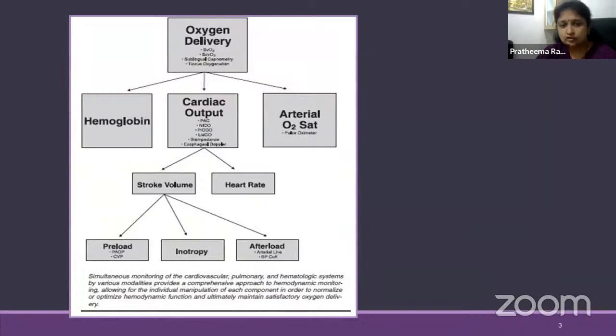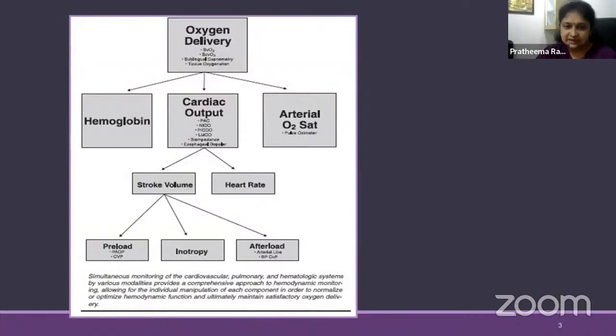What we have to look into continuously is the cardiac output, because the heart is receiving blood and pumping. Is it working very well? Let's break it into even smaller pieces. Cardiac output, how do we monitor it? We need to look at two things: stroke volume into heart rate. Stroke volume is the one shot which the heart gives at one go.